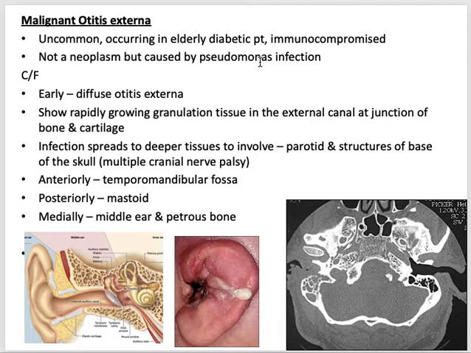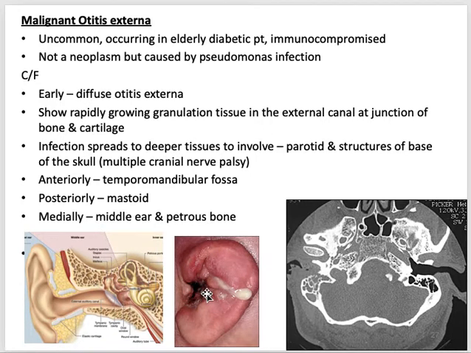Most of the time, this kind of infection is seen in diabetic or immunocompromised people, and this is highly painful, and you can see the granulation tissue in the ear canal. Sometimes because the 7th nerve is passing over from here, it can cause facial nerve palsy or paralysis of the facial nerve.